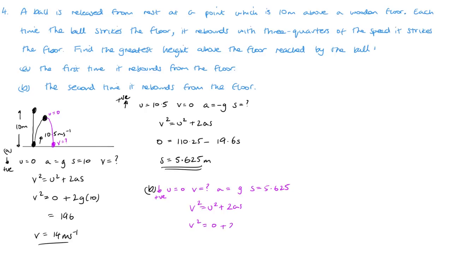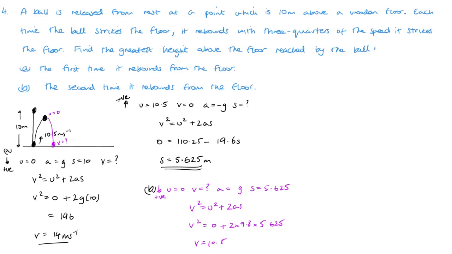So 2 times 9.8 times 5.625, and that gives me 110.25, which of course means that V is 10.5.